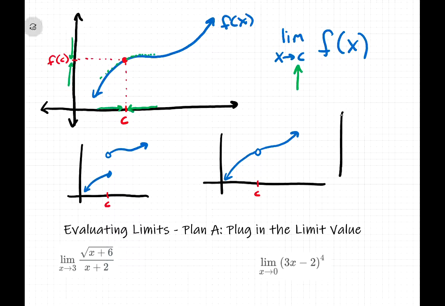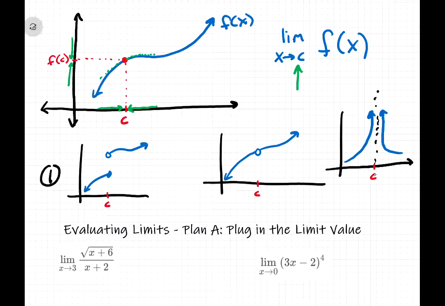Or possibly we have the third type. Maybe there is an asymptote at c, a vertical asymptote at c. So in these three cases, holes, jumps, and asymptotes, plan A doesn't work. We can't directly substitute c in.